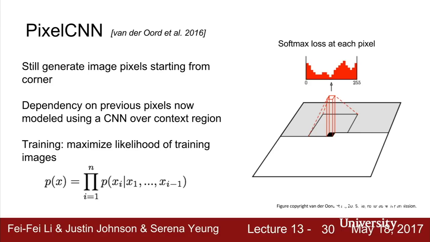At each pixel location, we have the ground truth training data image value, and this is basically the classification label that we want our pixel to be, which of these 255 values, and we can train this using a softmax loss. The effect of doing this is that we're going to maximize the likelihood of our training data pixels being generated. Okay, any questions about this?